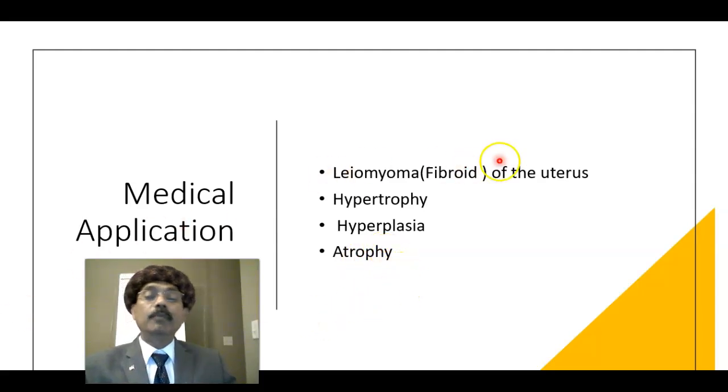It may be due to decreased size and also decreased number of muscle cells. These two happen during pregnancy, and atrophy and involution happen after the delivery of the baby.